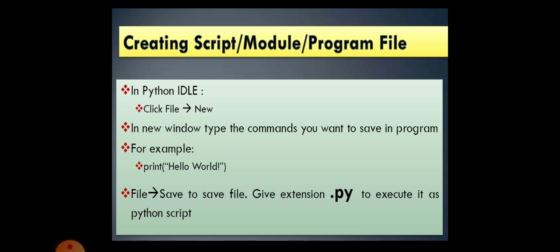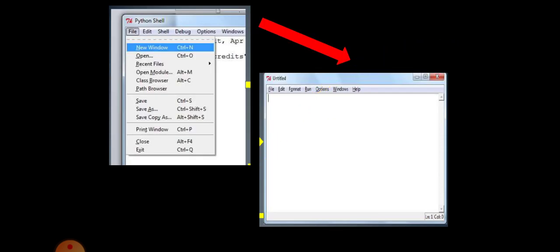For example, print hello world. It is just a simple example. Then after entering all the instructions within that file, you need to save that file using the .py extension, so the compiler can understand which sort of file it is. Then after saving, you can execute the file for getting the output.